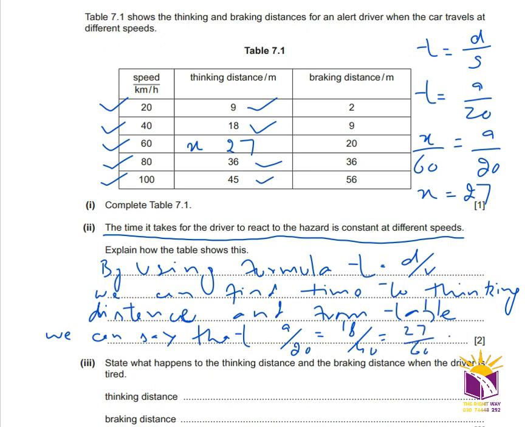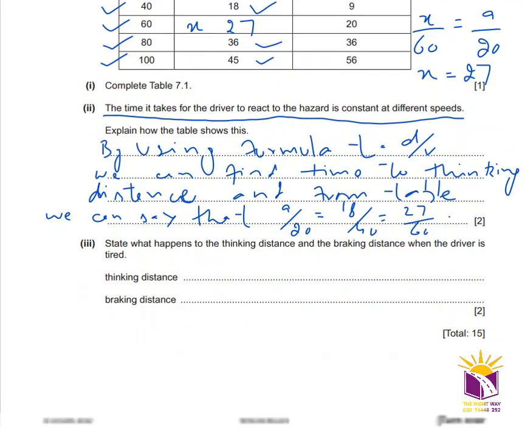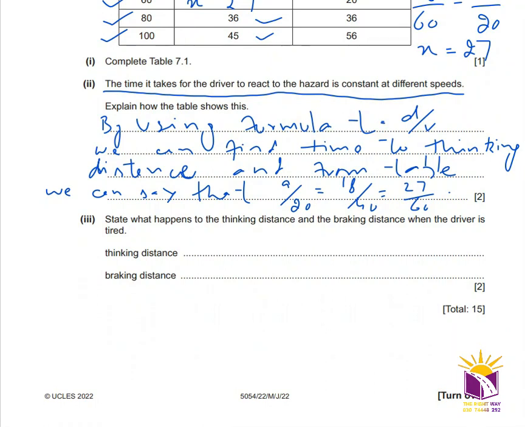So from the table we have proved that all these values are same. State what happened to the thinking distance and the braking distance when the driver is tired. When a person is tired, the reaction time increases. So due to increase in the reaction time, the thinking distance increases, but the braking distance remains the same.